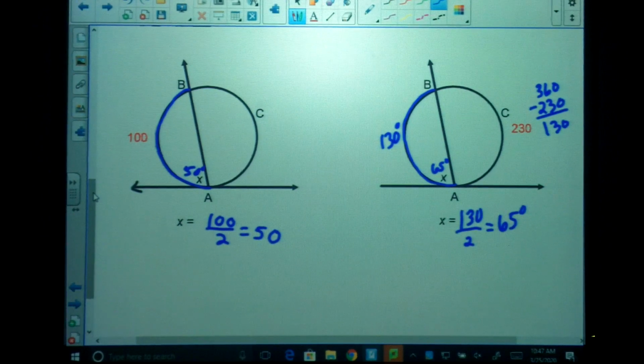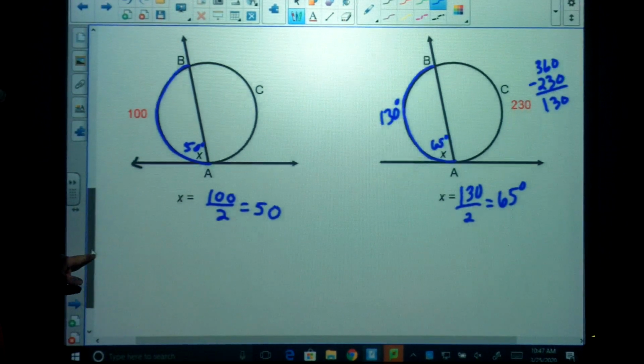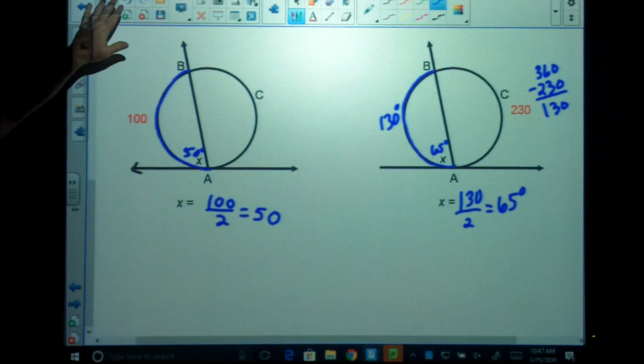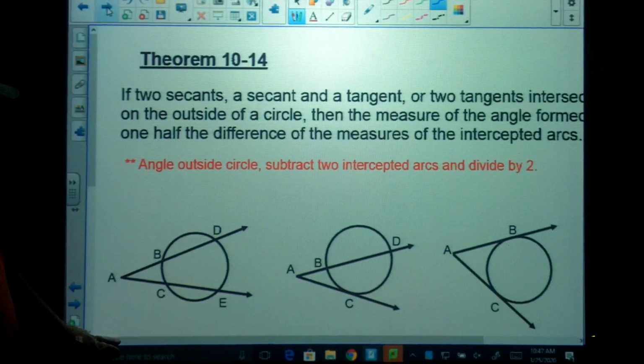So if the angle that you're trying to find is made inside of the circle and it's not the central angle, you're going to add the intercepted arcs together, divide by 2. If it is on the circle, you are going to find the intercepted arc and divide by 2. Now, what happens if it's outside?